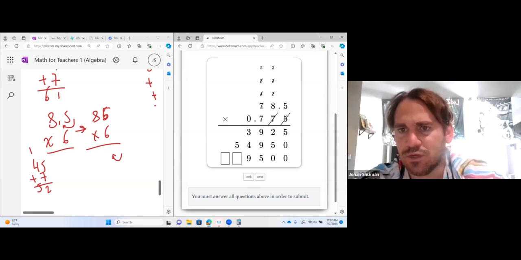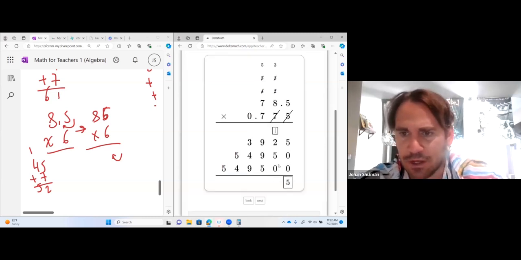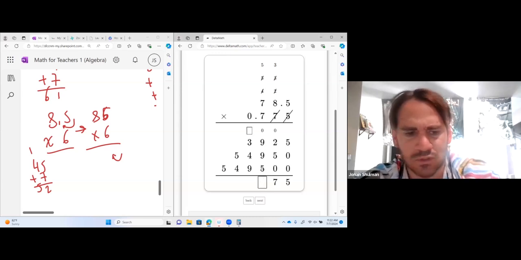And 7 times 7 is 49. 49 plus 5 is 54. Oh, it should be the same because this is the same digits. Nice. So we just add 5, 7, 18 plus 5 is 23.